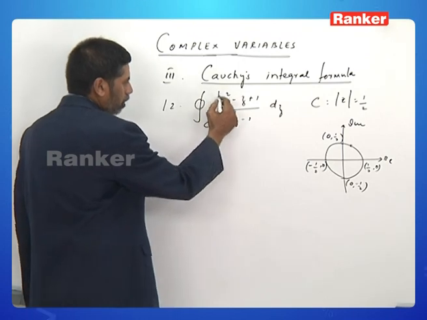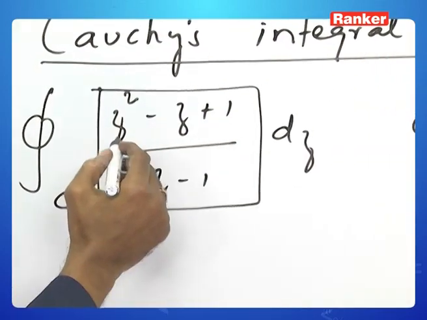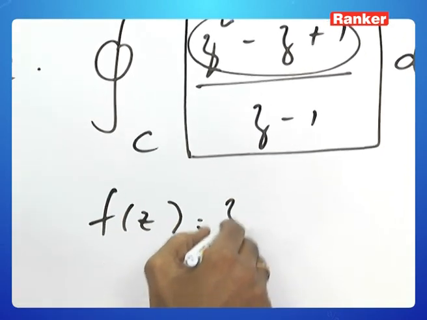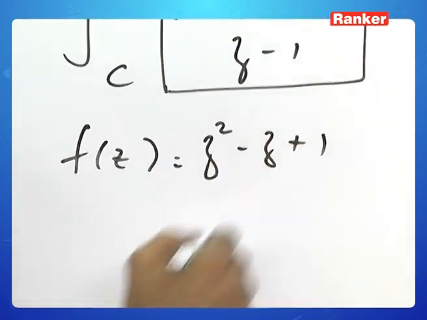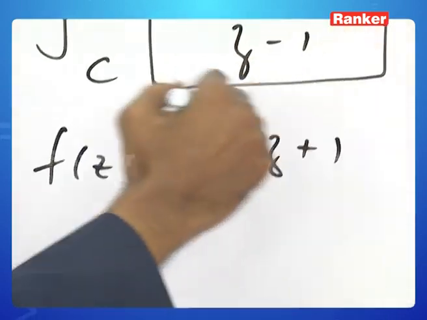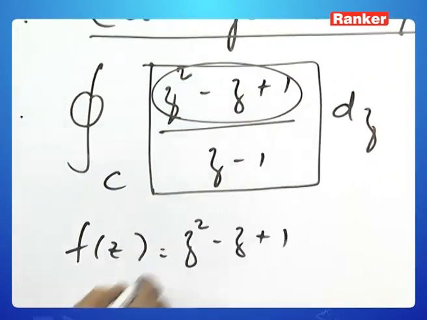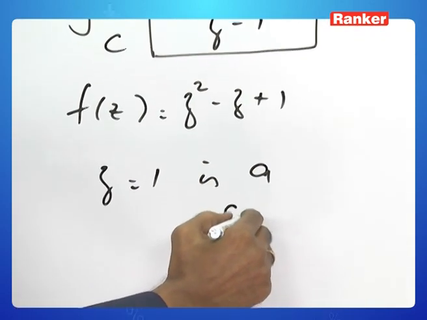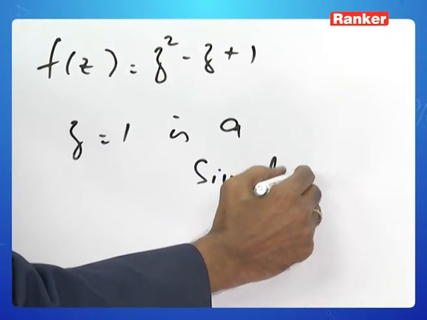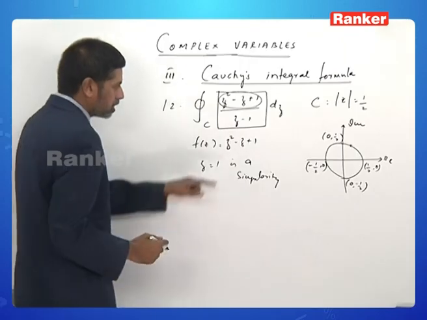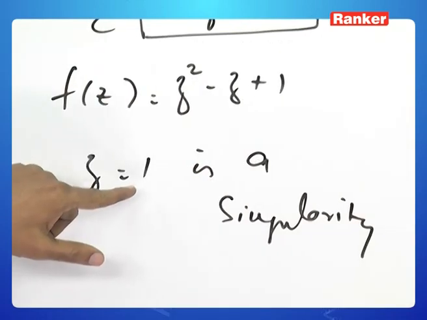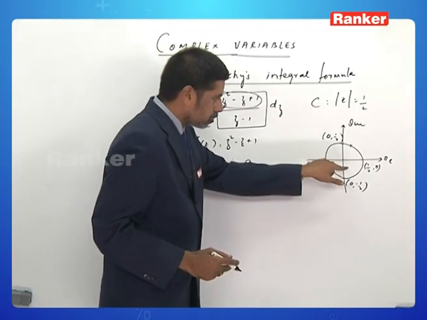Now, let us look at this problem. The numerator can be seen as z squared minus z plus 1. Now, this whole function has z is equal to 1 as a singularity, because at z is equal to 1 this function is undefined. Now you check whether this singularity is within this contour or not.